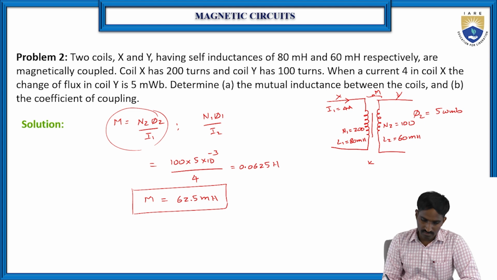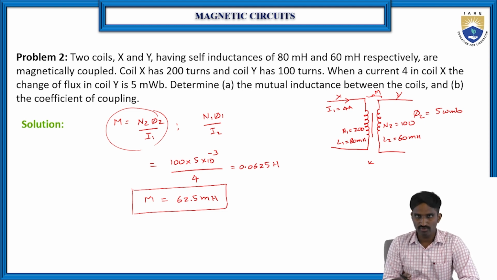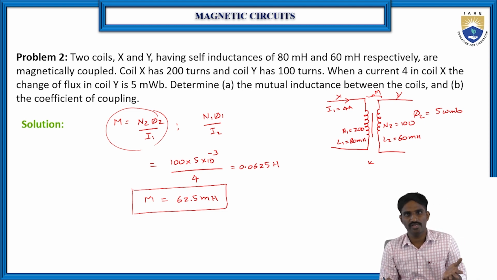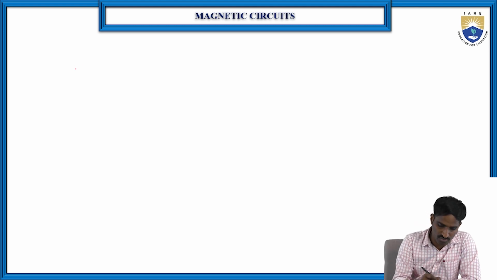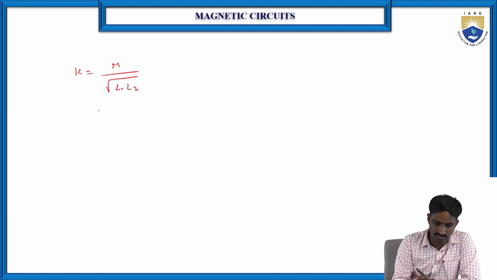Then if you know the mutual inductance, it is very easy to find the coefficient of coupling, because we know the direct equation: K is equal to M by square root of L1 into L2.